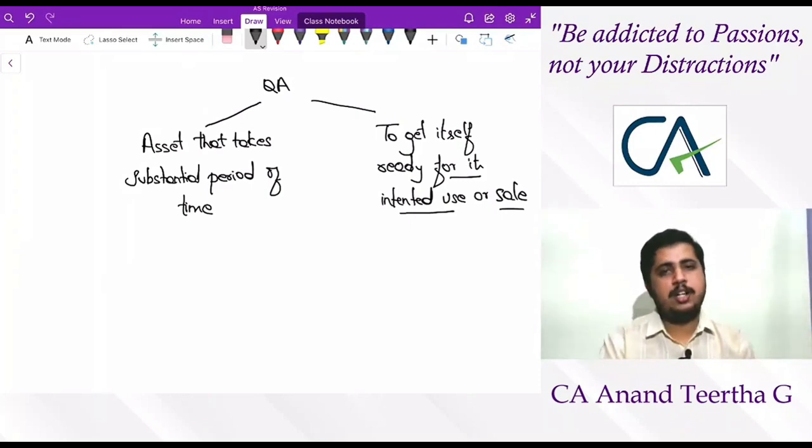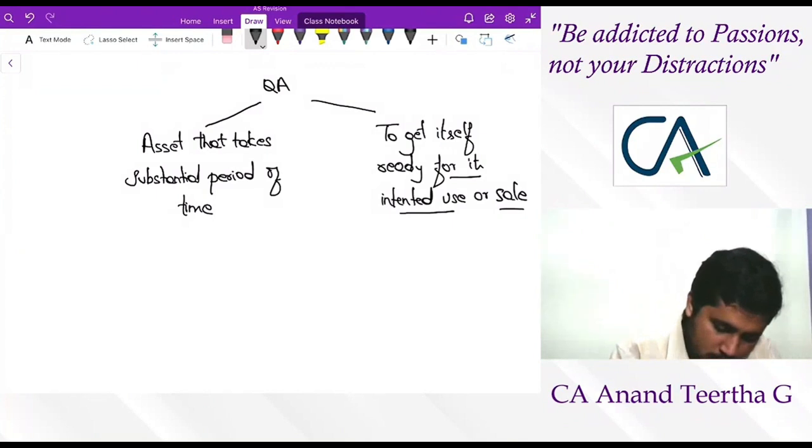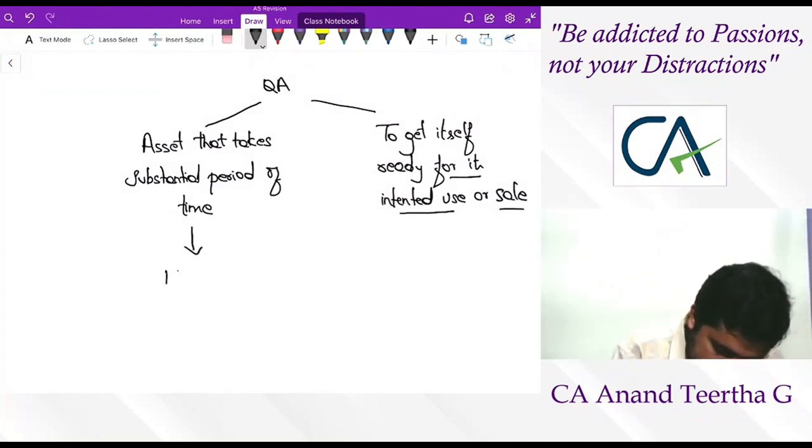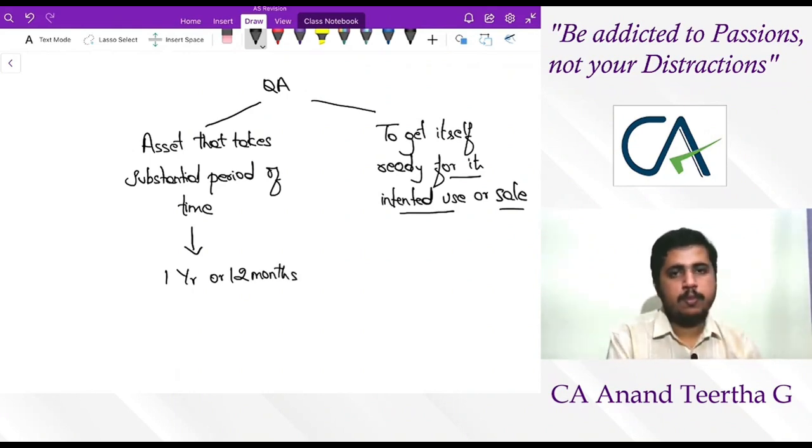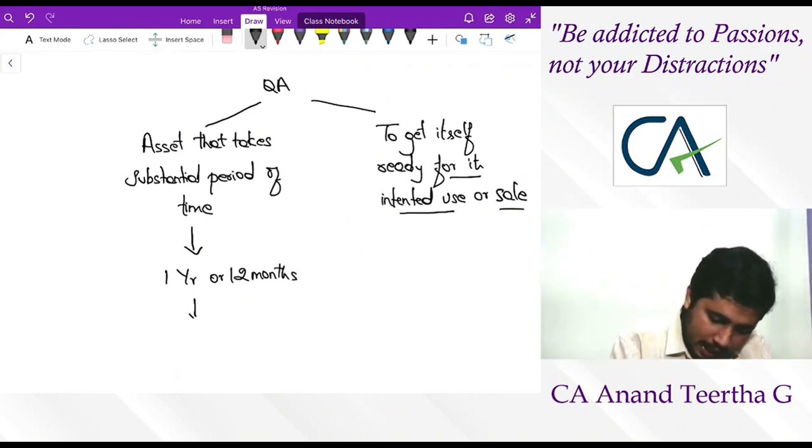So now a question comes, what do we mean by substantial period of time? The normal substantial period of time, we take it up as 1 year or 12 months. Then a higher or a lower period is justified.